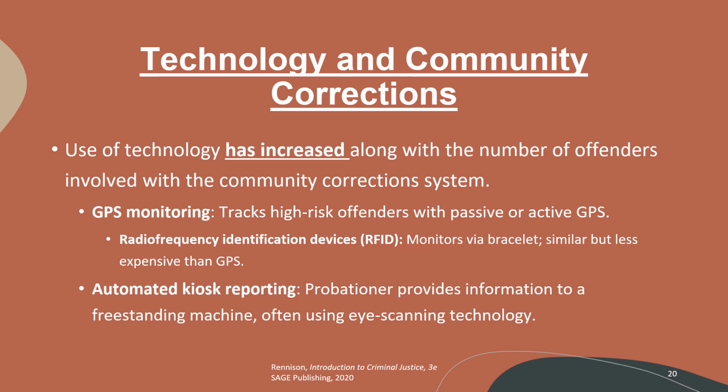There is a status known as non reporting status, which means that the offender has probably been on probation for a while, probably successfully completed the majority of their probation. They may still owe fees or something like that. So they're placed on non reporting status where they don't have to come in monthly.